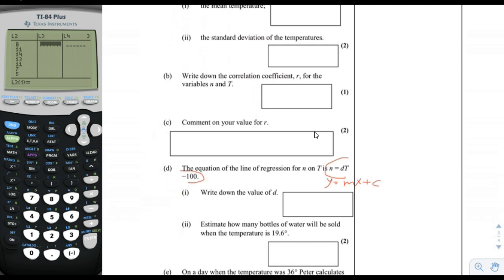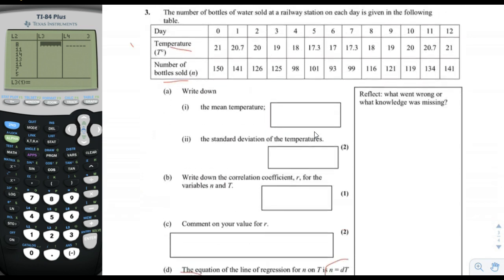So T is X and N is Y. So that'll help me when I input my data here. I'm going to put 21 in the first list, 20.7, and so on. And I won't bore you with the details here. I'll do it offline and I'll come back when I'm done.